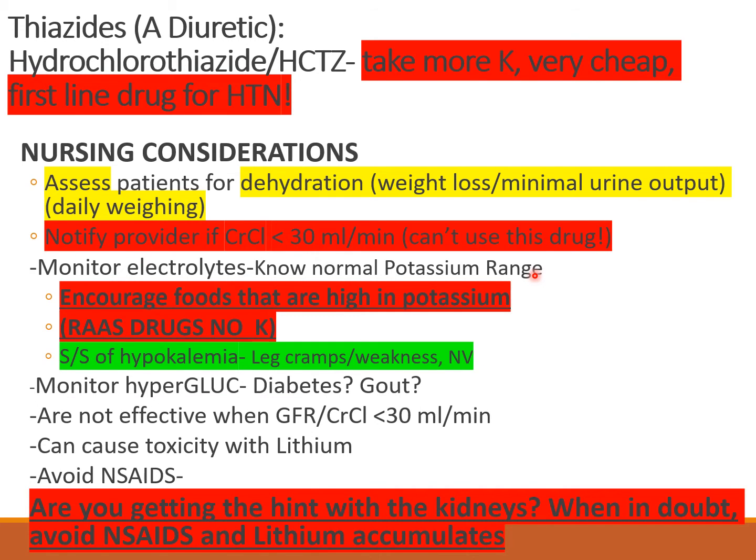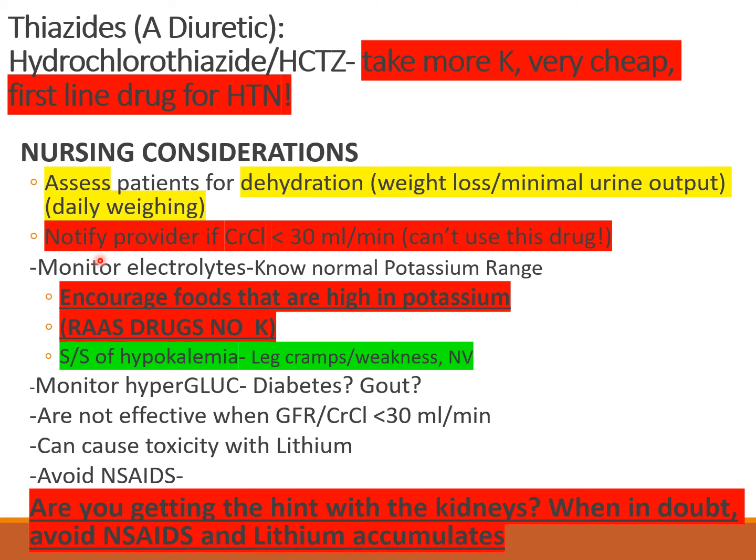Then hydrochlorothiazide. The important point to remember is that we have to give more potassium supplements with this. All right. It is a very cheap drug and it is the first line drug for hypertension. Nursing considerations, we assess the dehydration of the patient because of course it is a diuretic, the patient will have fluid loss.